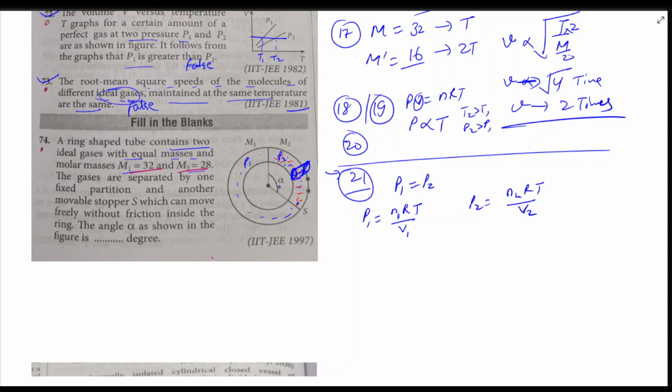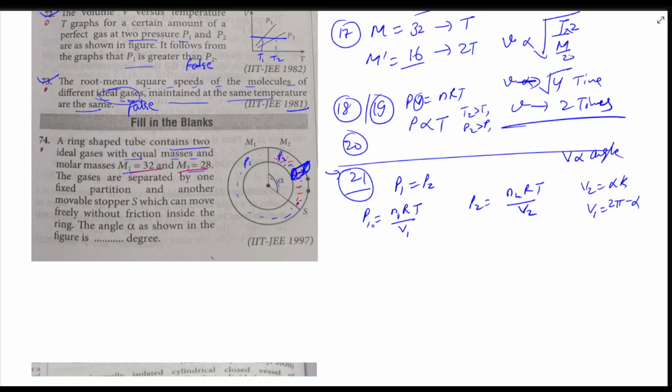Simply we can say the volume is proportional to alpha. For M2, volume will be alpha into K, so volume is directly proportional to angle. So V2 will be alpha into K, and for V1, this whole angle is 360, so it will be 2 pi minus alpha.